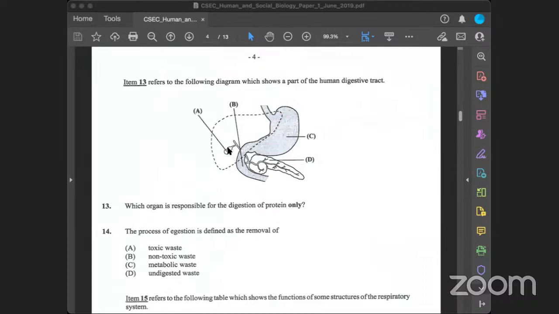A. A would have bile, and bile functions to emulsify fat. What is B they're pointing to? That's the duodenum. The first part of your small intestine is the duodenum. And D is going to be your pancreas.